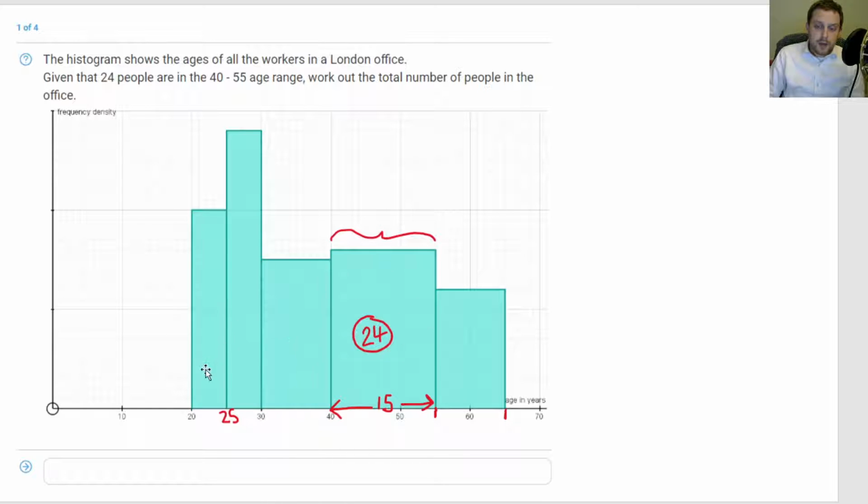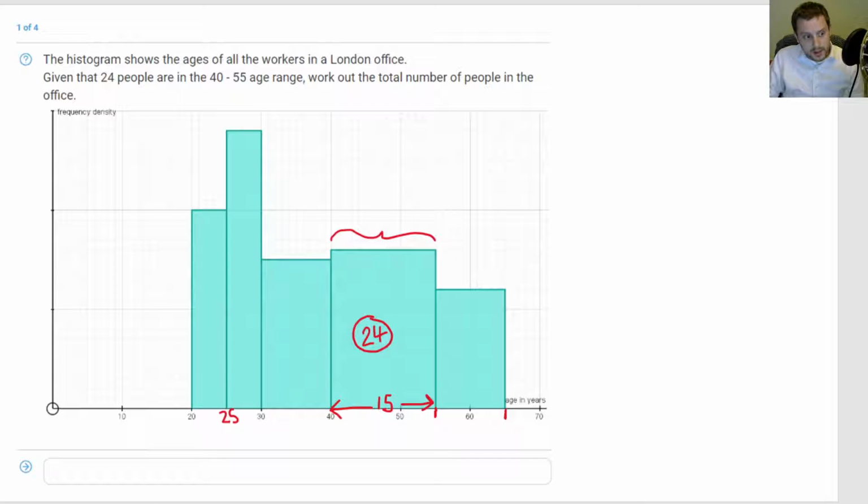So in order to work these out, notice I know how wide they all are. This one is 5 wide, this one is 5 wide, 10 wide, and the last one is also 10 wide. The tricky part is knowing how tall each of the rectangles are. And so we have to use the information here from this rectangle to work that out.